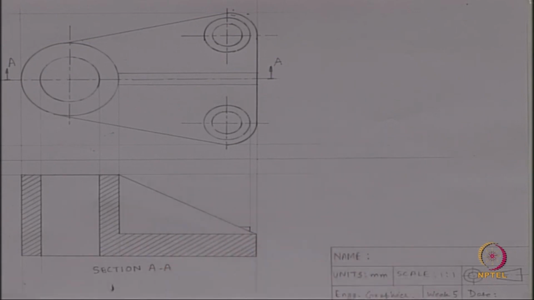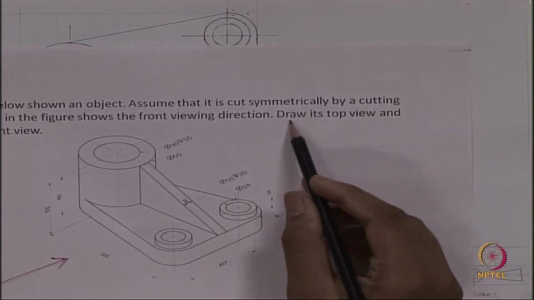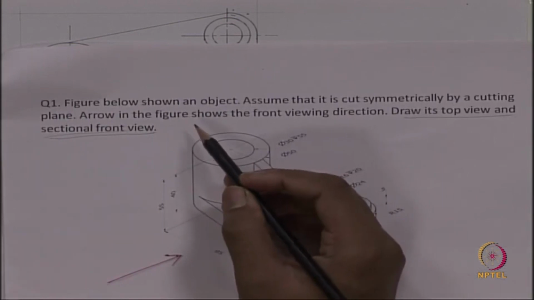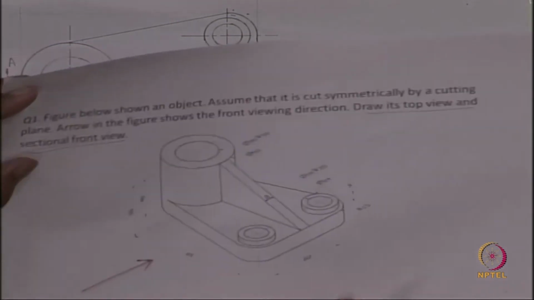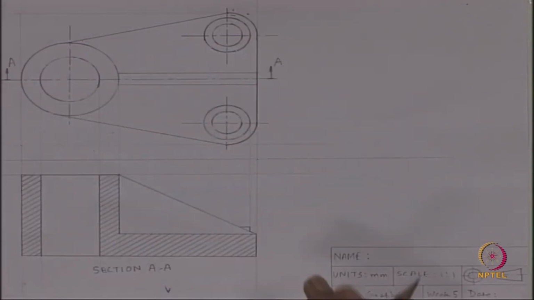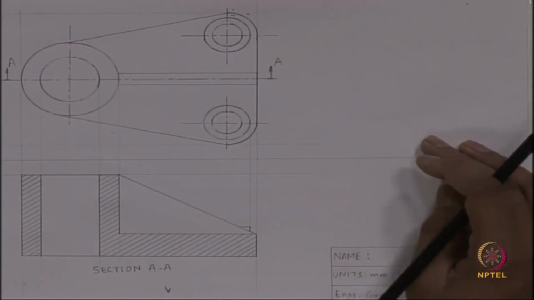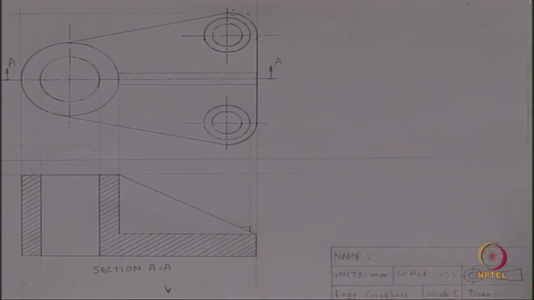If we look at the question paper, we have just been asked to draw its top view and sectional front view, and we were not asked to do the dimensioning, so we won't do it. So, this is our top view and sectional front view. This is our cutting plane.